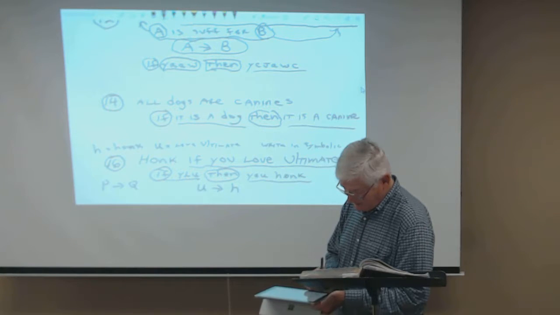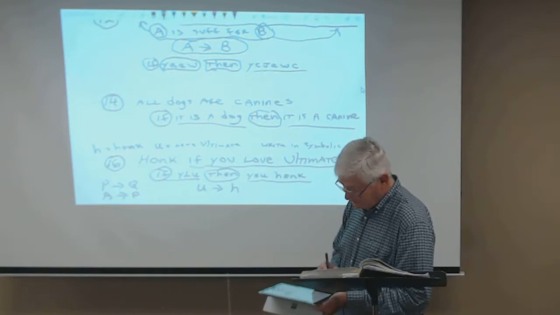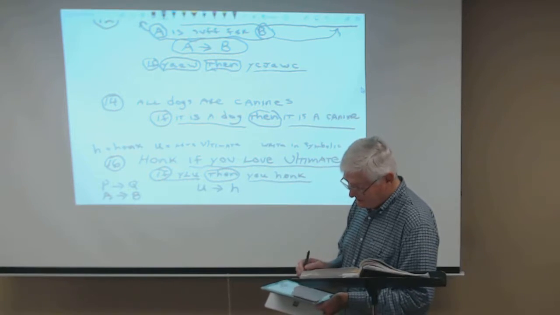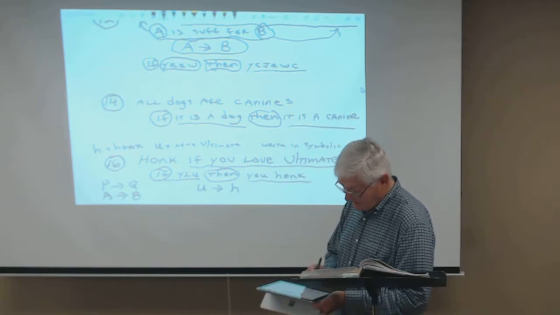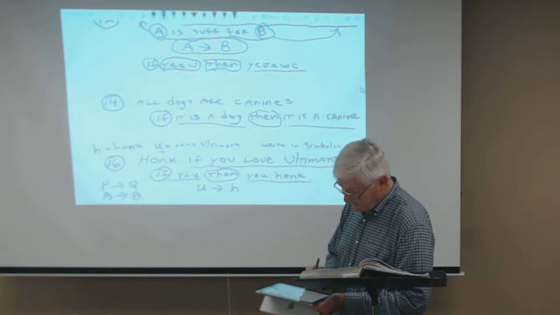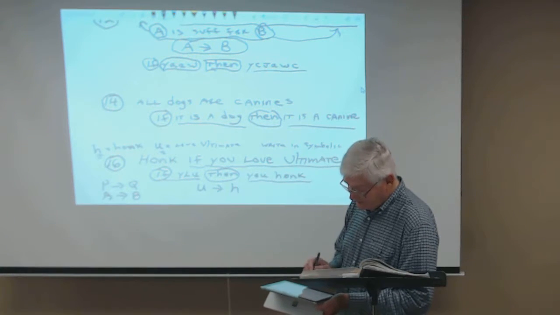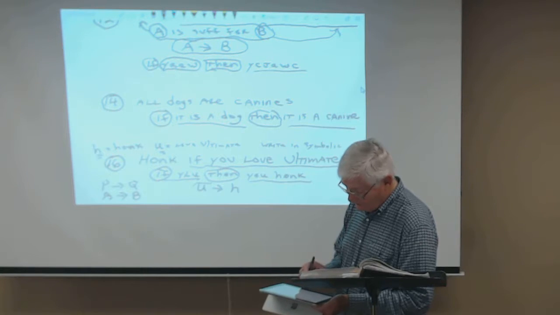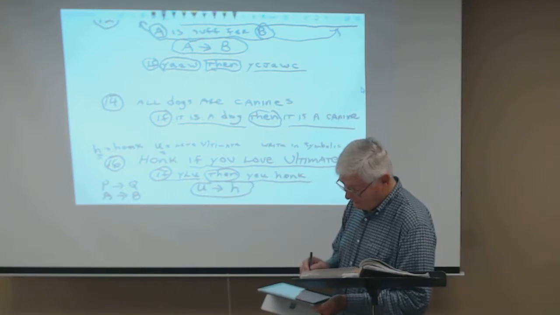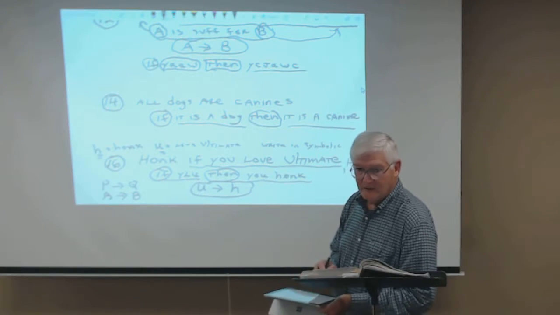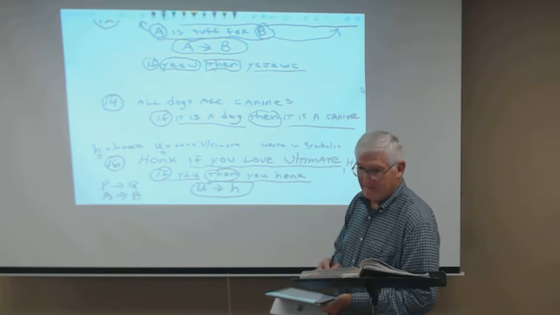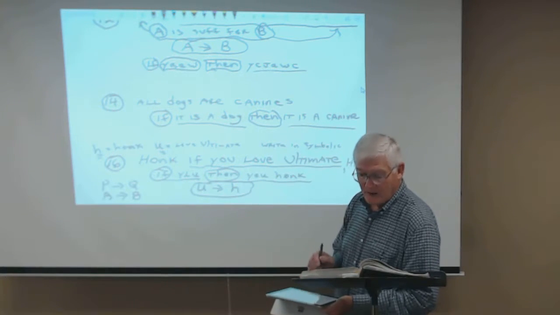Or if A, then B, whatever letters you're using. But now, what letters am I supposed to use? U for loving ultimate and H for honking. So my answer is, symbolically, if U, then H. Everybody see that? They want me to write it in symbolic form.